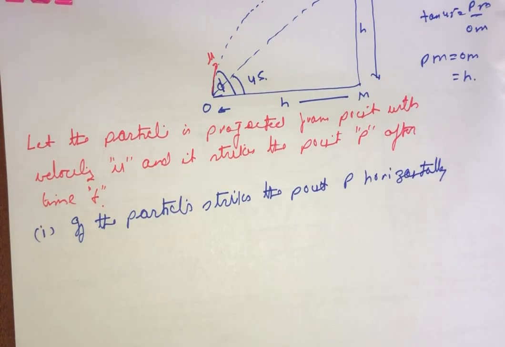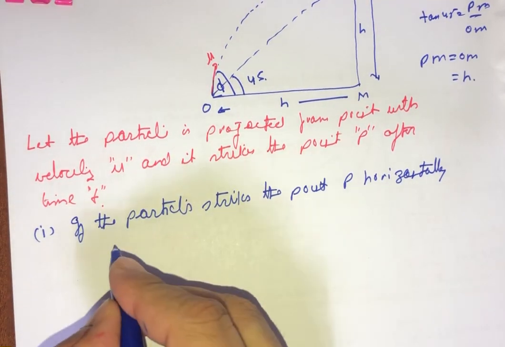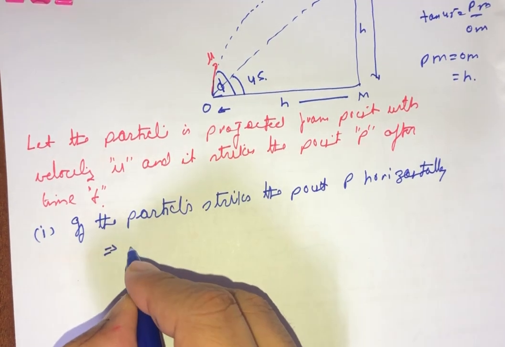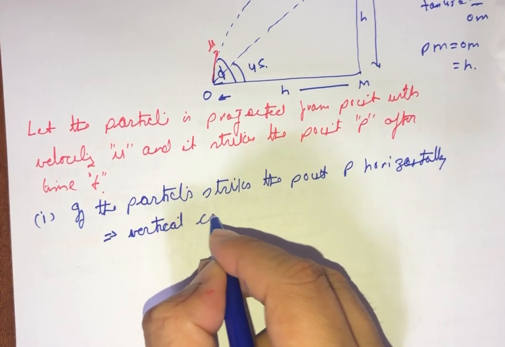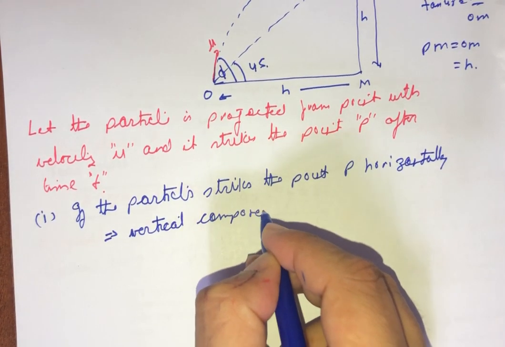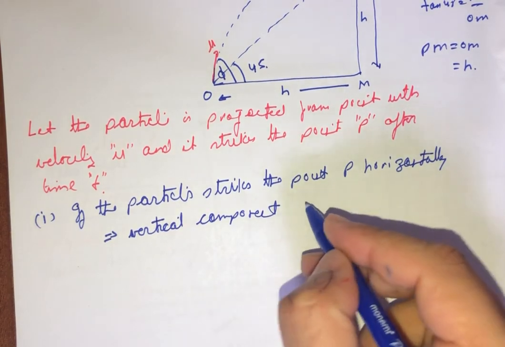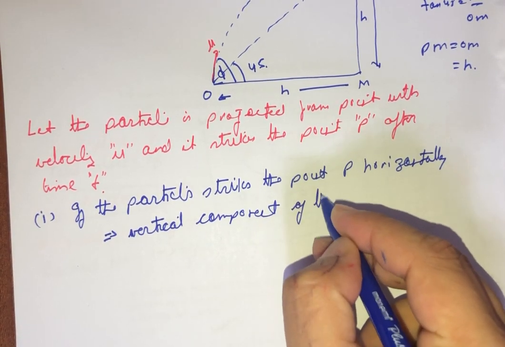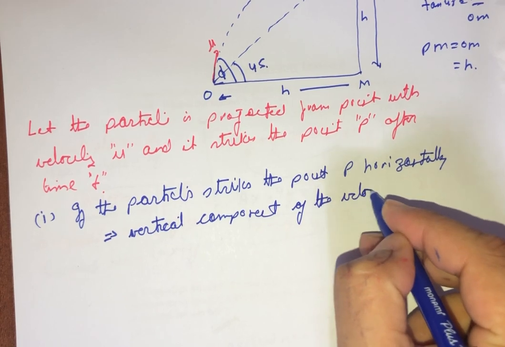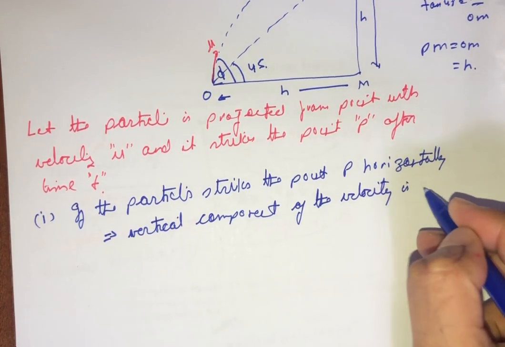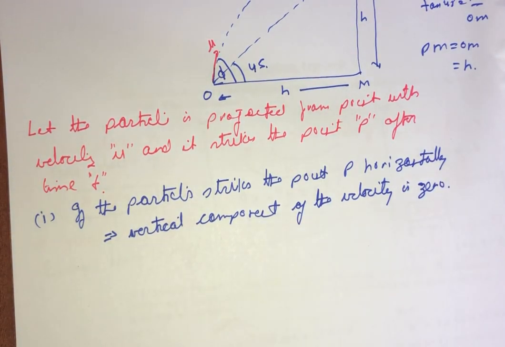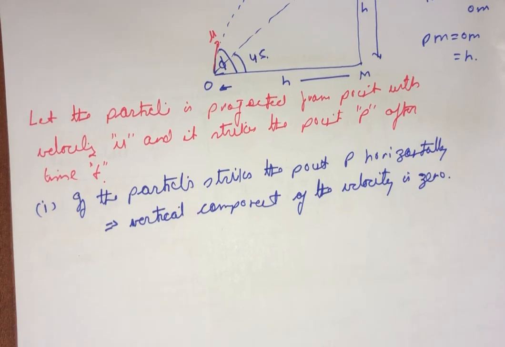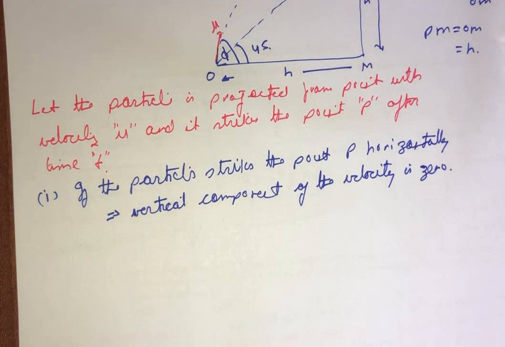If it strikes the point P horizontally, we can say that the vertical component of the velocity is 0. Vertical component is equal to 0. Okay.